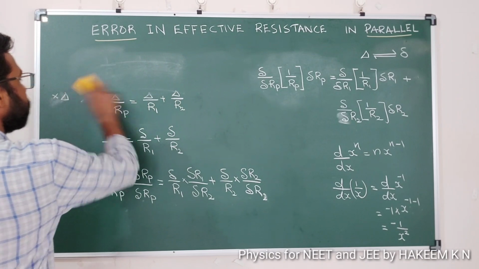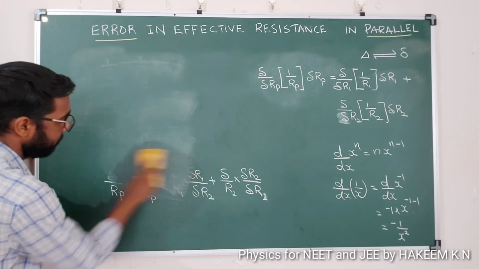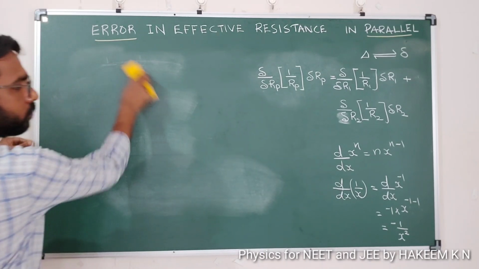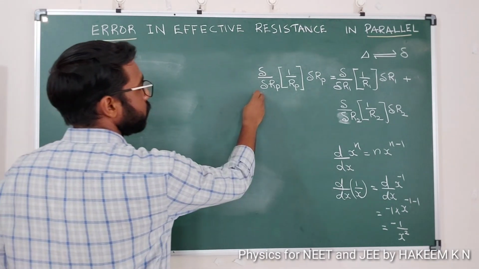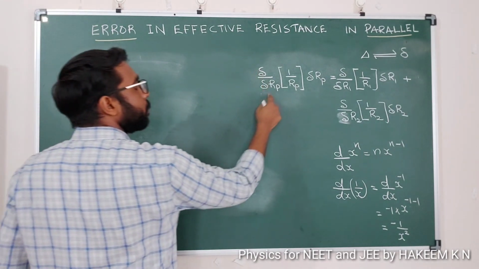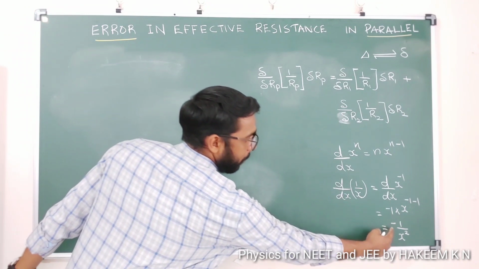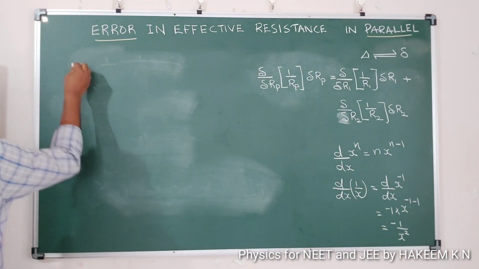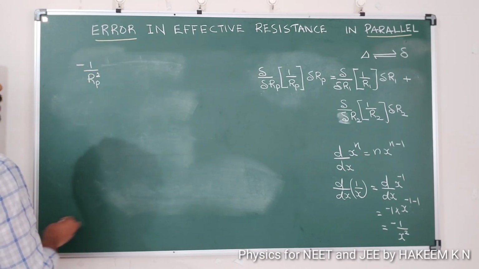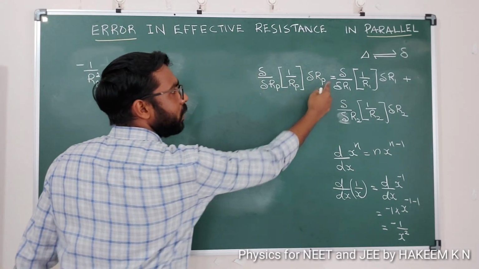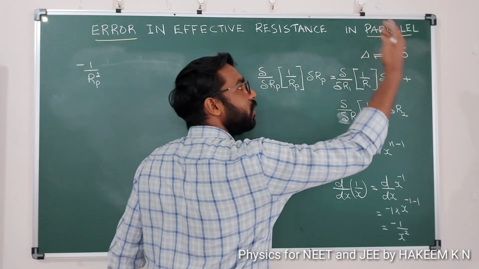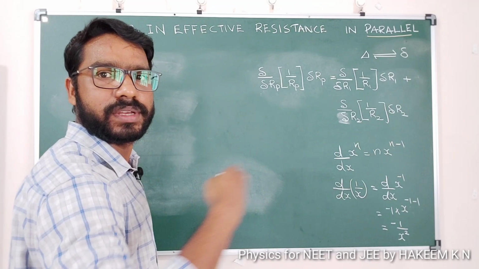Then we will get this equation. Dou by dou Rp of 1 by Rp is minus 1 by Rp square. Minus 1 by Rp square into dou Rp, we can write delta Rp. So, delta and dou we can convert into each other.